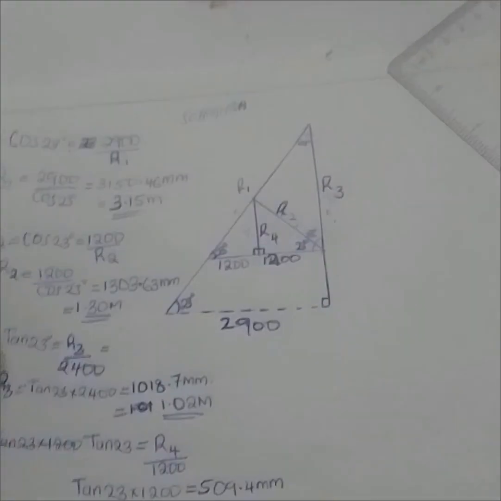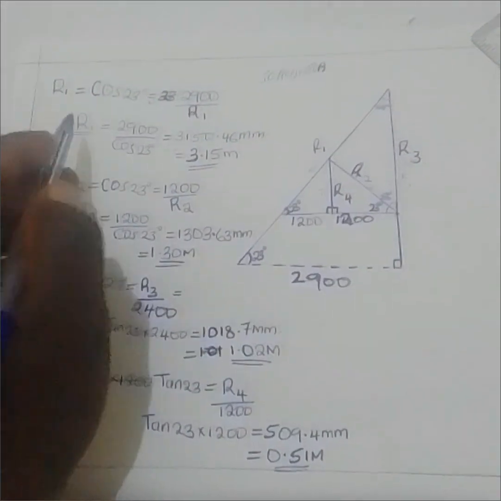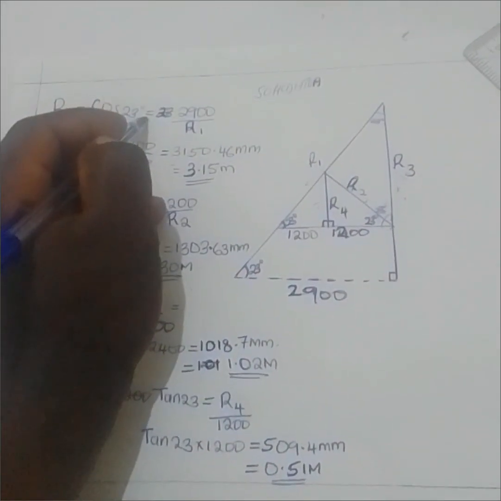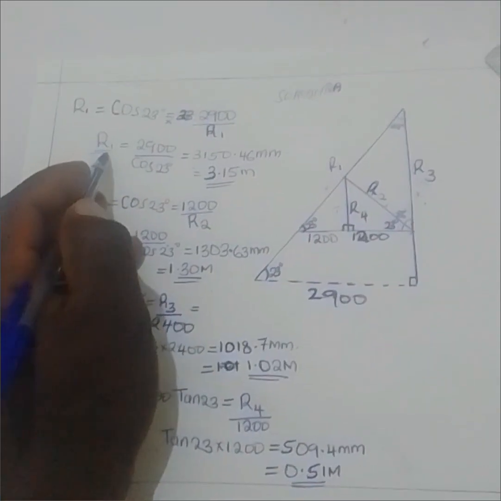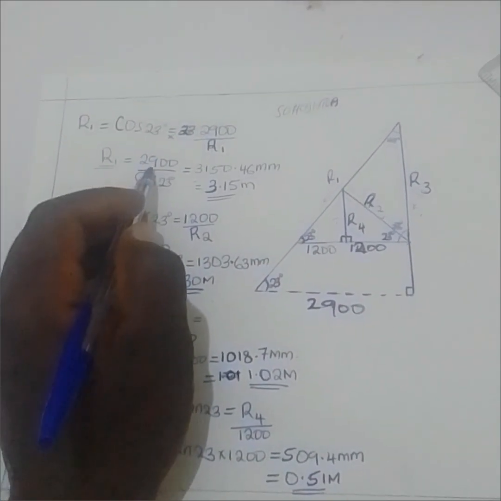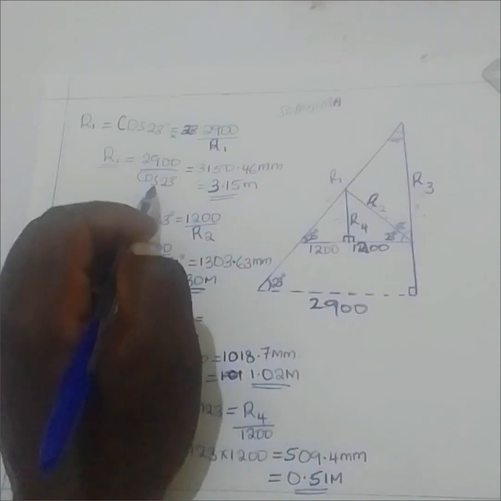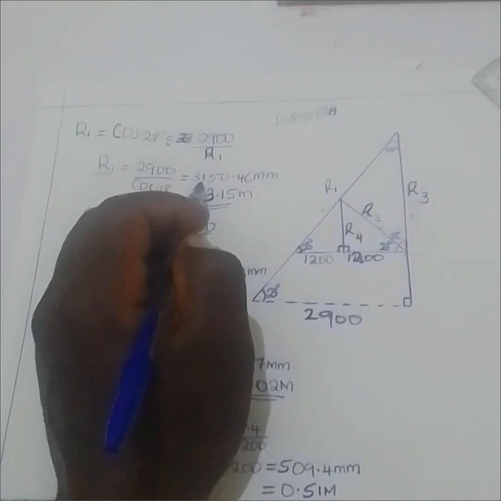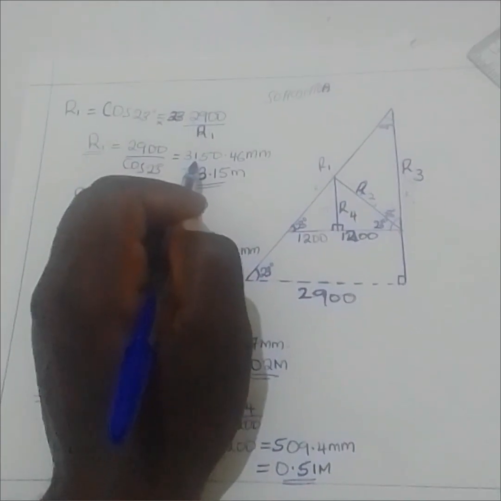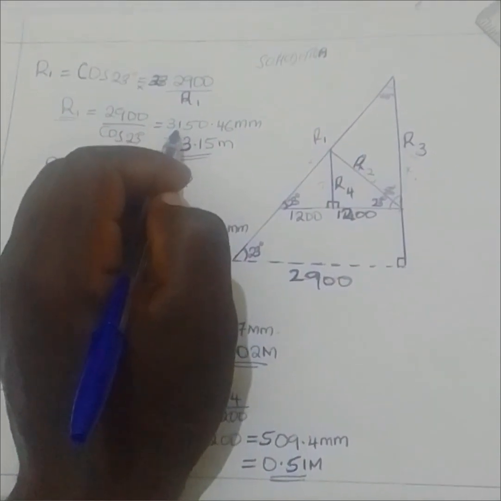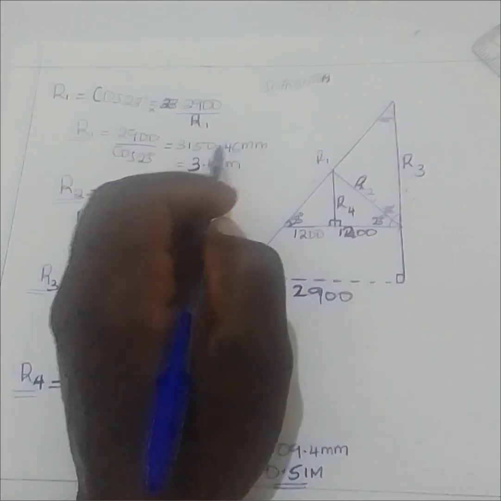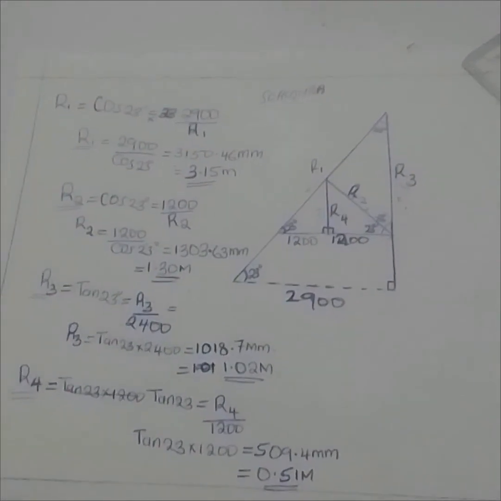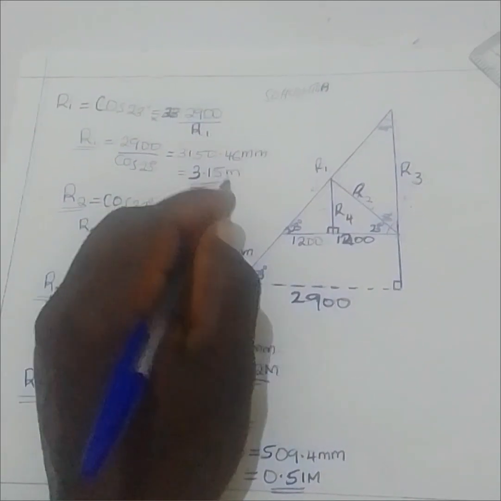So now we do a cross multiplication, and we find that R1 is equal to 2900 divided by cos 23, which gives 3150.46 millimeters. If we convert to meters, it will be 3.15 meters.